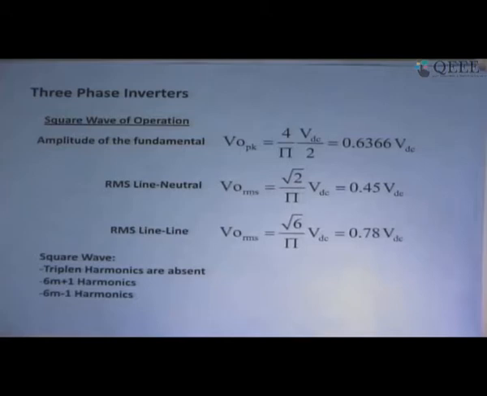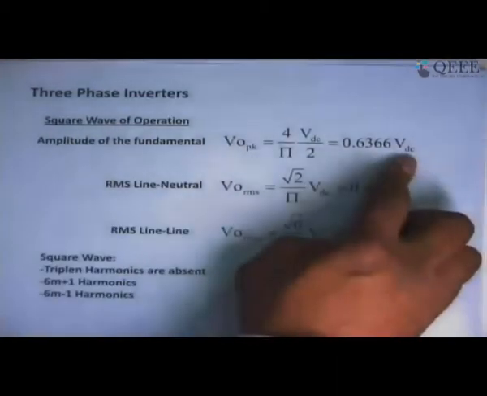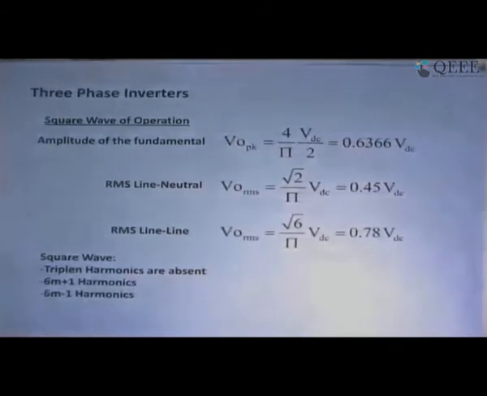So what is the problem with square wave modulation? It is fantastic that you are getting this kind of output voltage. But if you output this kind of voltage, which is basically a square wave, the perfect measure to analyze the AC output waveform is a fast Fourier analysis.